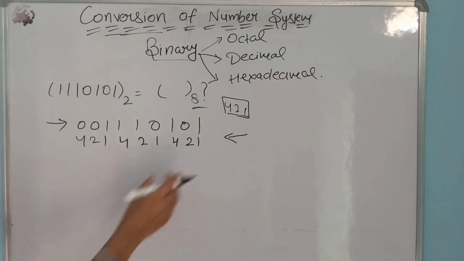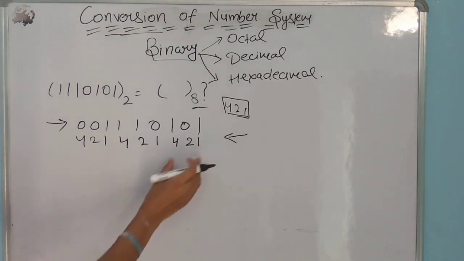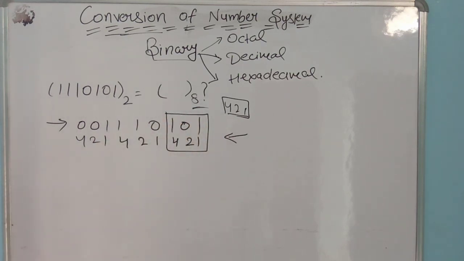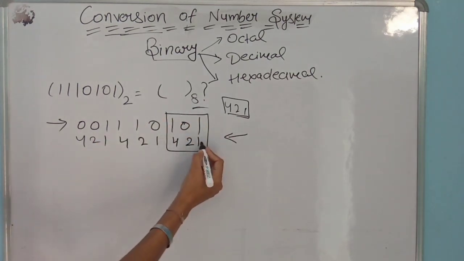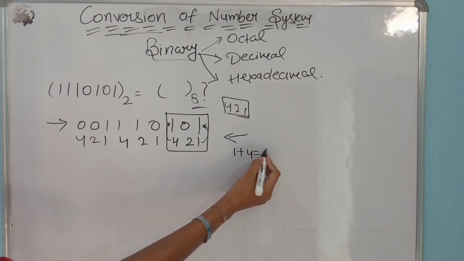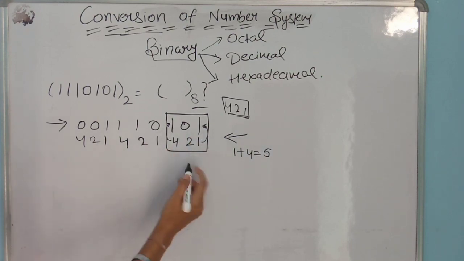So now make the combinations. In this group we look at the on bits. On bits are at the position of 1 and at the position of 4. So 1 plus 4 equals 5. So this means 5.